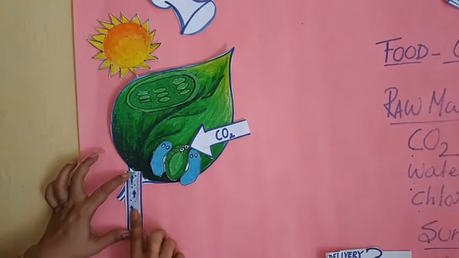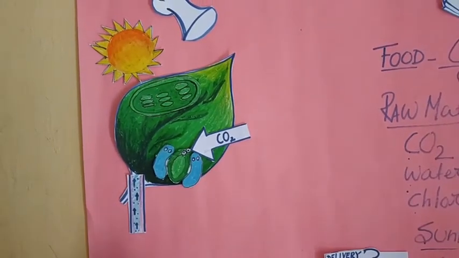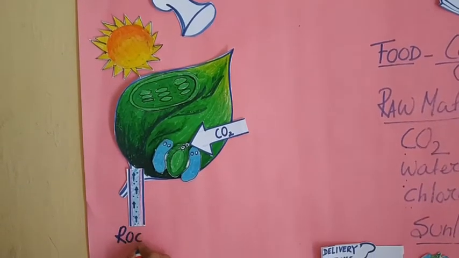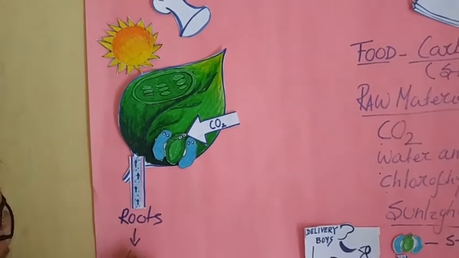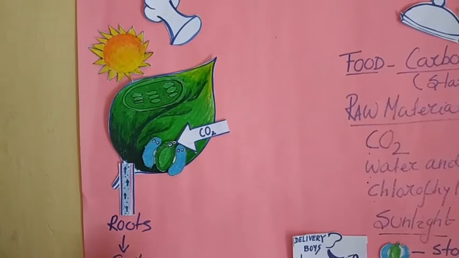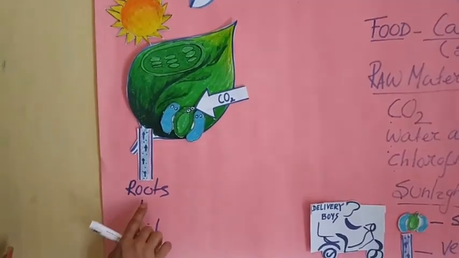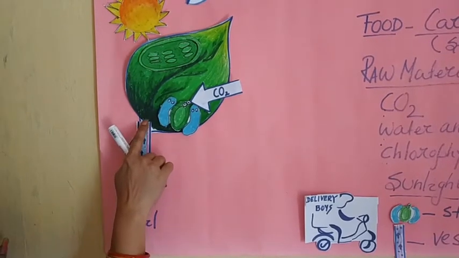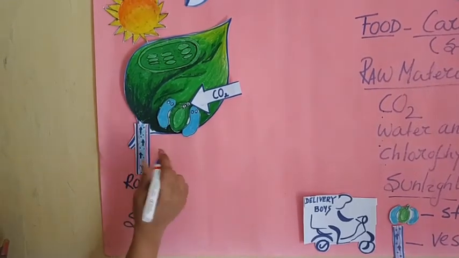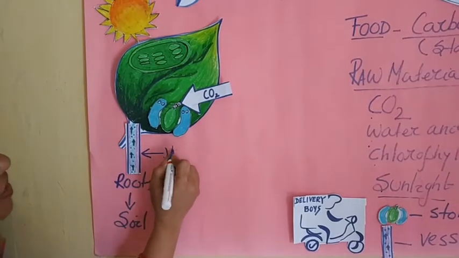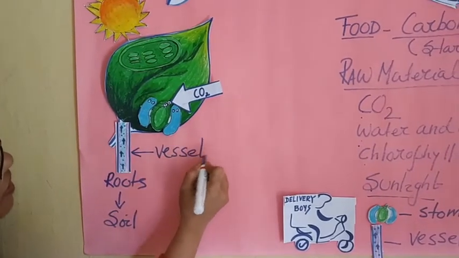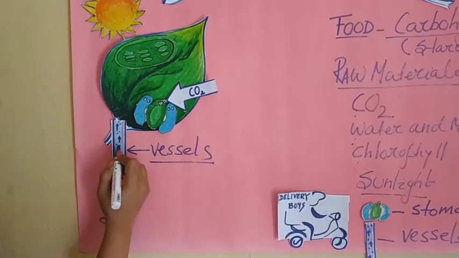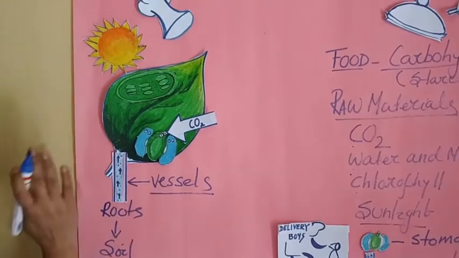The roots will absorb the water and minerals from the soil. Now, how will these water and minerals go to the leaf? Through these vessels, which will transfer water and minerals to the leaf.